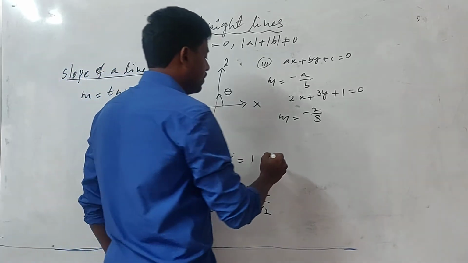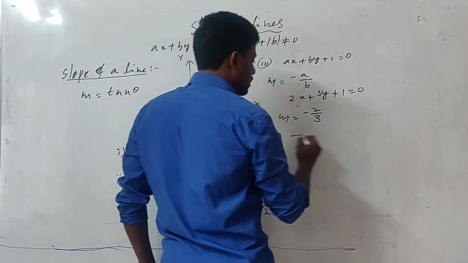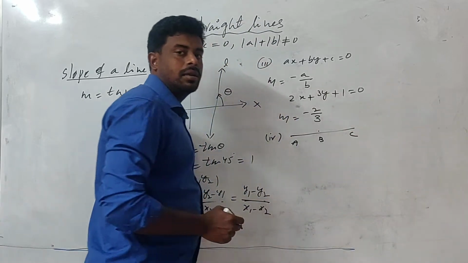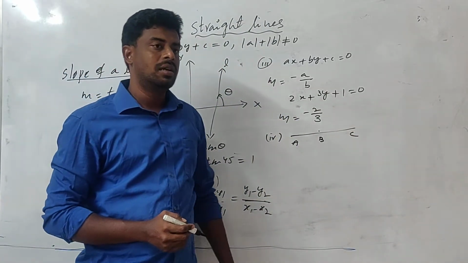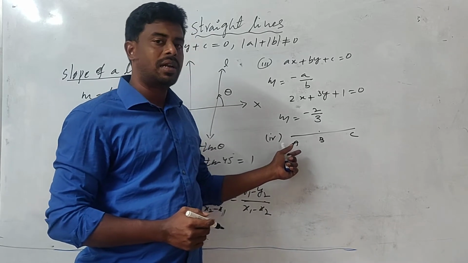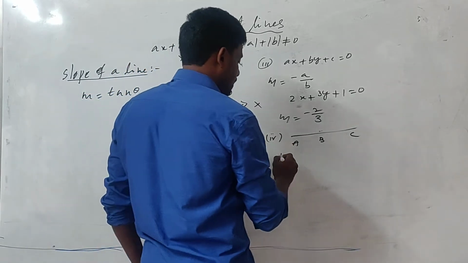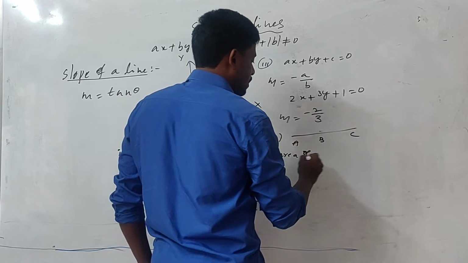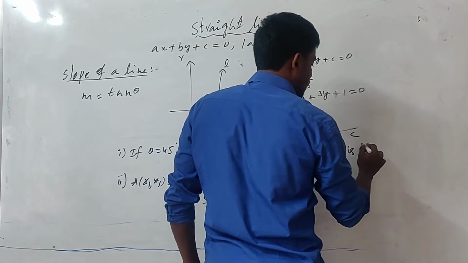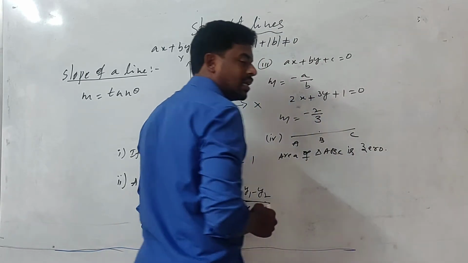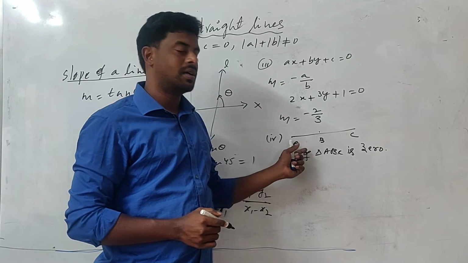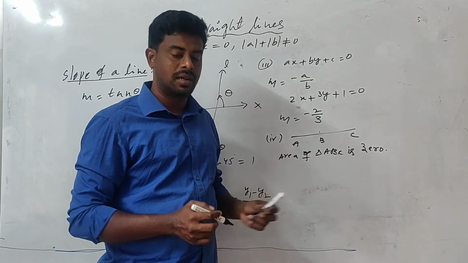For example, if they give A, B, C lie on the same line, how to get it? The area of triangle ABC must be 0, so these 3 points are called collinear points, because the 3 points lie on the same line.